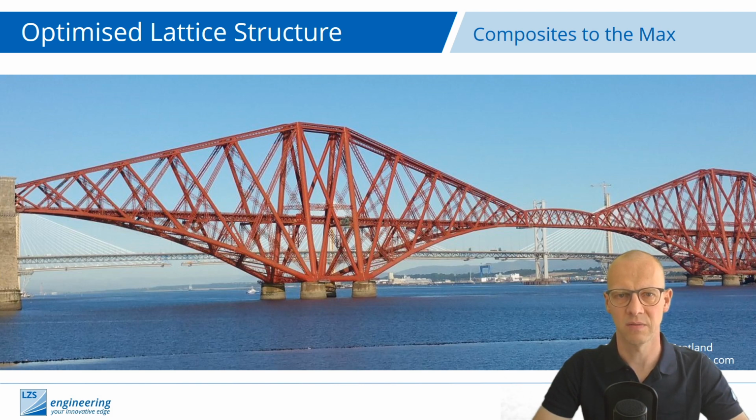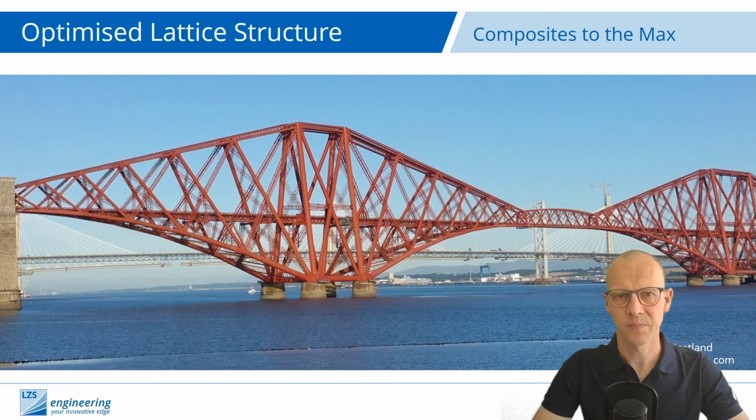And you can find it with steel, you can find it with wood, you can find it with all materials where you combine a quite strong material with a soft material, meaning air. So you just leave the matrix away. That's from the basic idea, the idea of composites driven to the max.